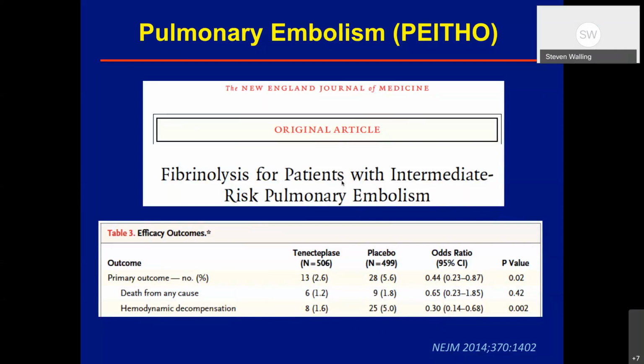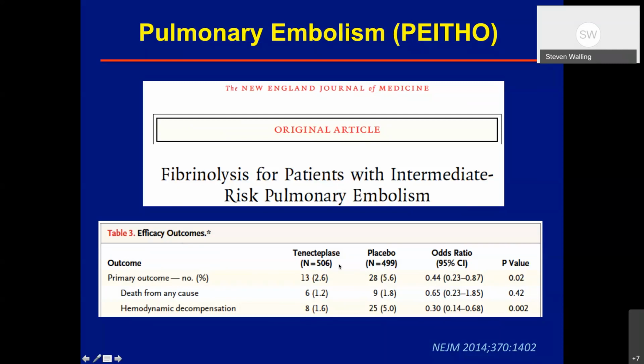The reason for this study is they wanted to see the effect of fibrinolysis in intermediate to high-risk pulmonary embolism patients, basically submassive PE patients, using TPA.